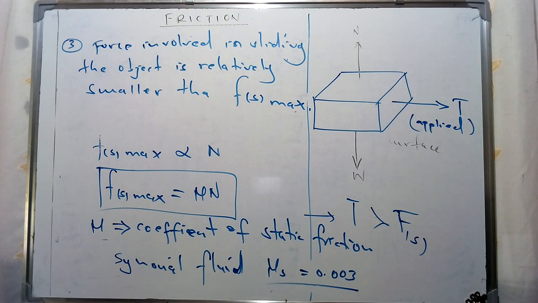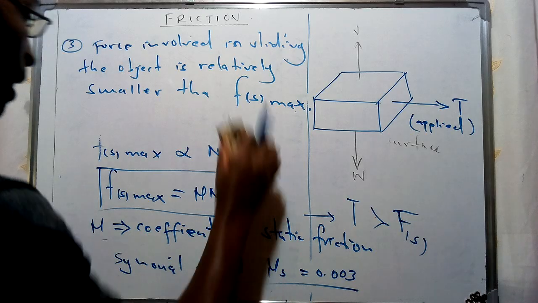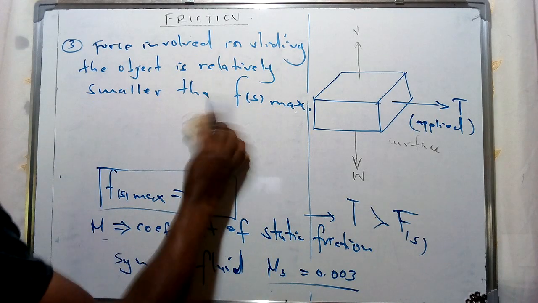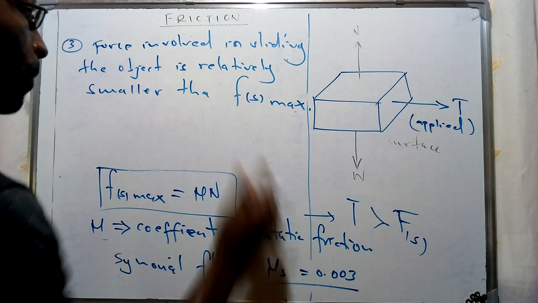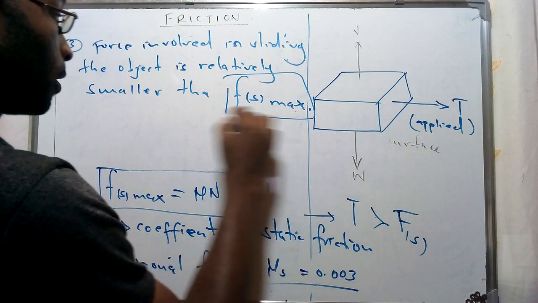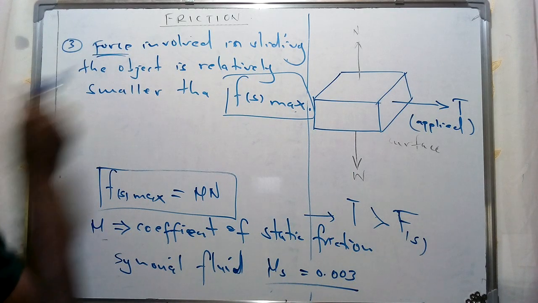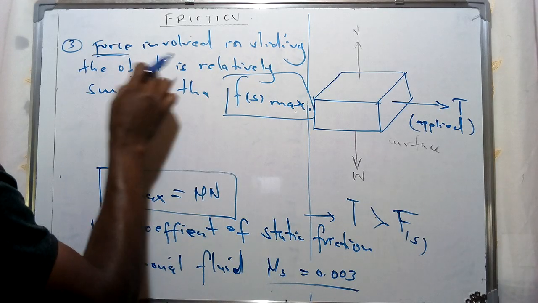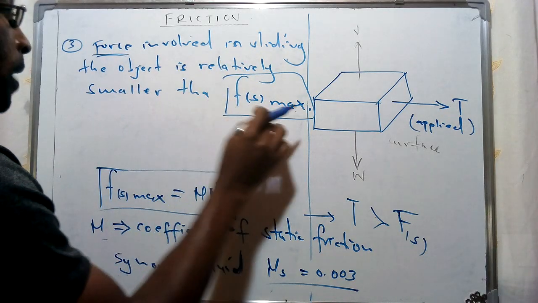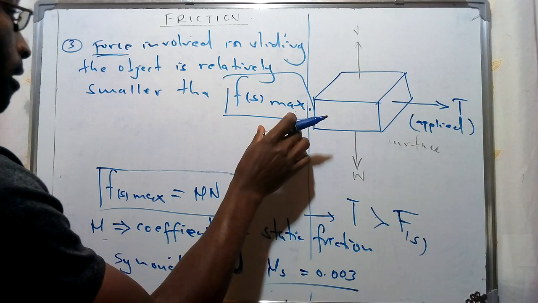So that's going to be another property which we are going to come across, and it applies to sliding friction. Then we have another terminology for this kind of force involved during sliding. As I've mentioned, the force involved in sliding the object is relatively smaller than the maximum static friction force.